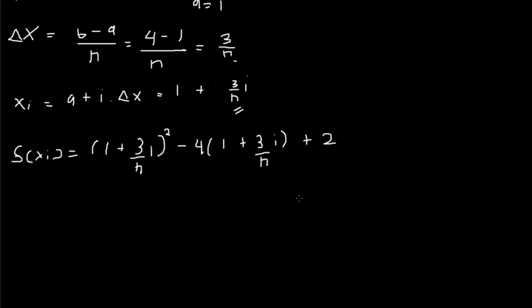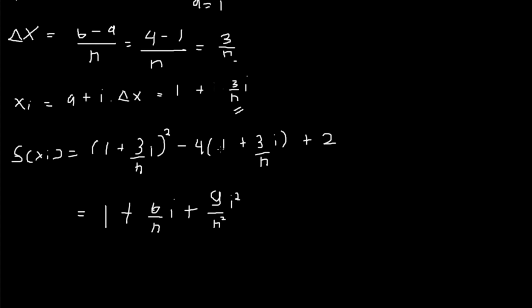So now we have this. We are going to elaborate this further, so we are going to open this up. We're going to get 1 plus 6 per n i, because this is going to result in 2 times 3 per n i. And then this is going to be to the power of 2, so we have 9 per n squared i squared.